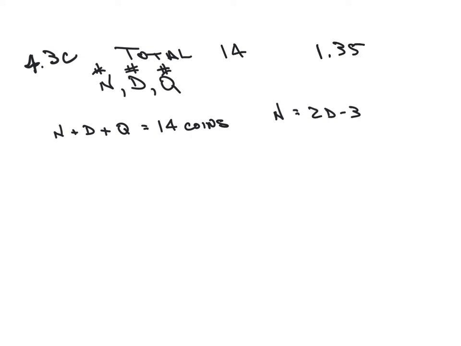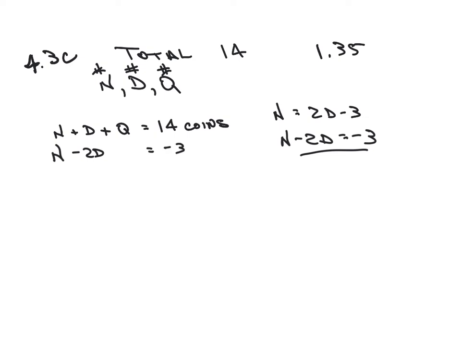Let's turn this around so that we get all of our letters on the same side. It makes it a lot easier. So let's write this as n minus 2d equals negative 3. So there's our second equation. Let's go ahead and write that here. N minus 2d equals negative 3.